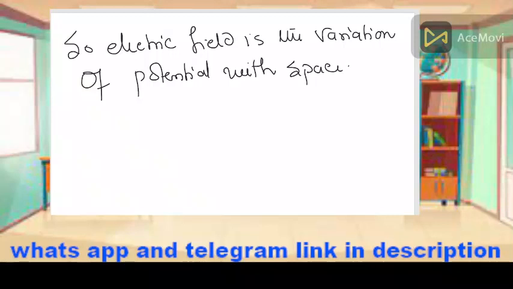Now let us come to our main discussion. Let us meet with potential in a different way. When we are talking about electric field, it is not just any vector notation, or an ordinary vector function. Then what is it? It is a special kind of vector function whose curl is zero.